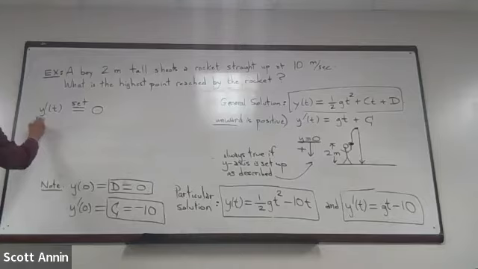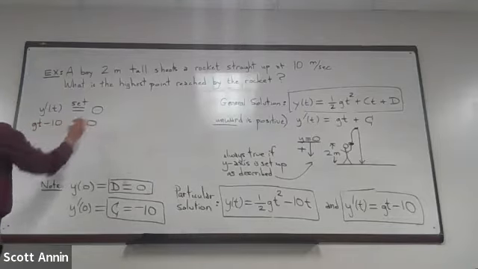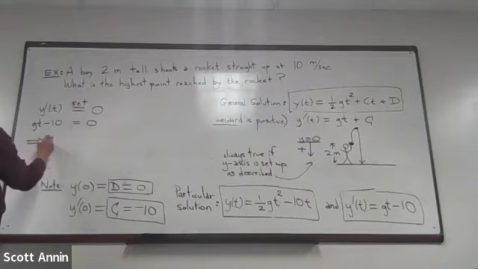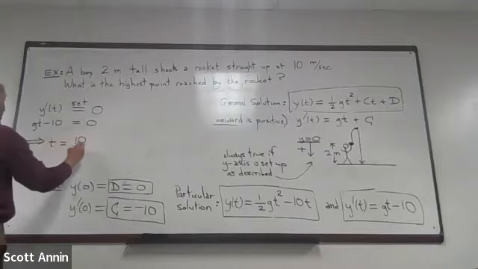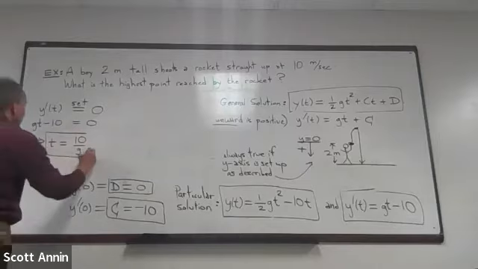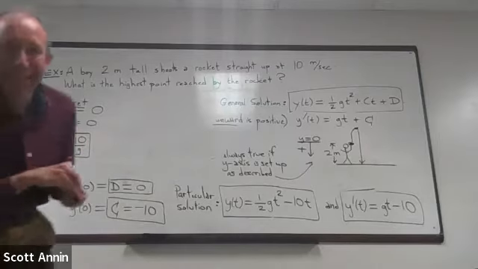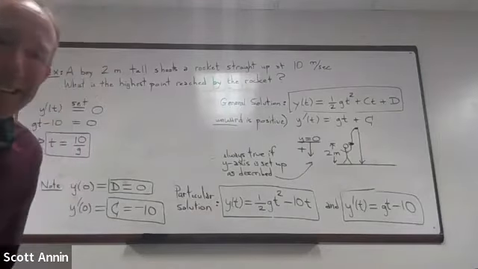We have gt minus 10 equal to 0. I can figure out at what time the rocket reaches the highest point. That's the time right there, at that time.